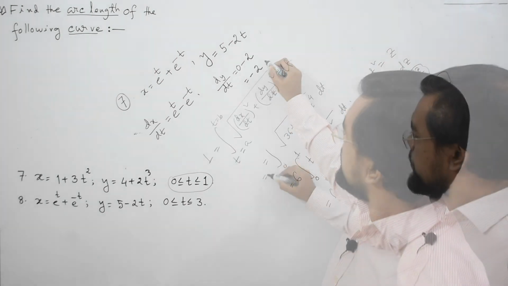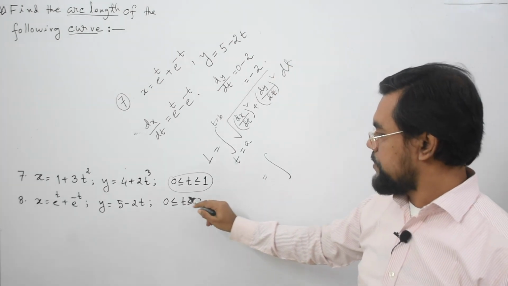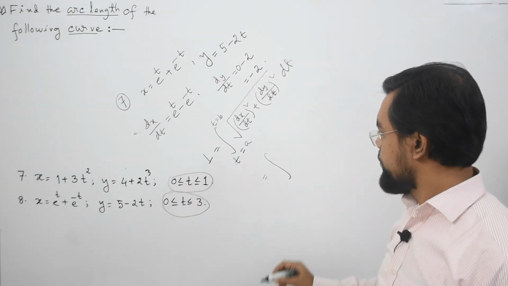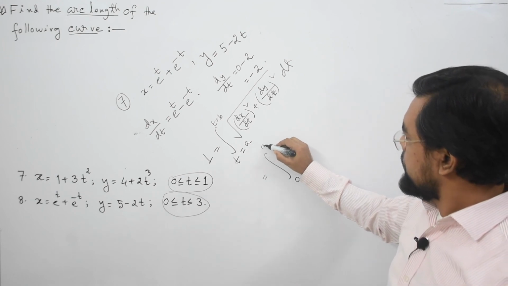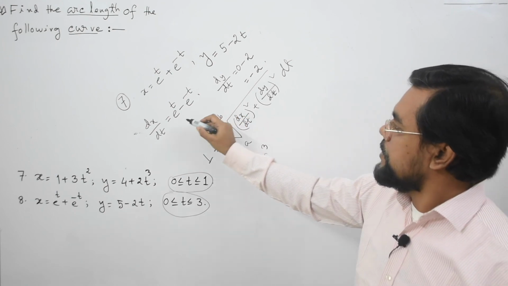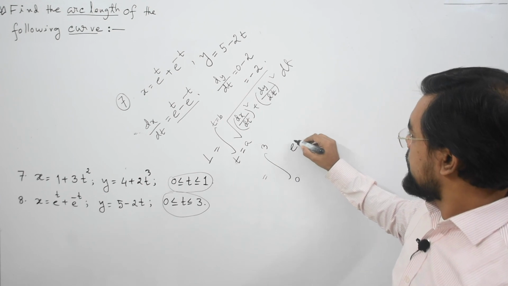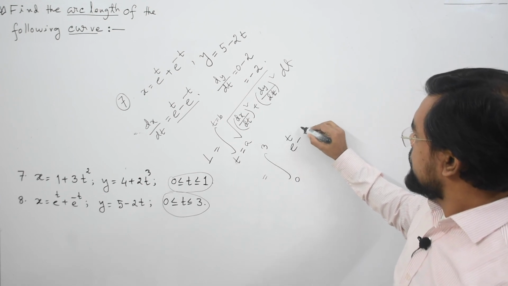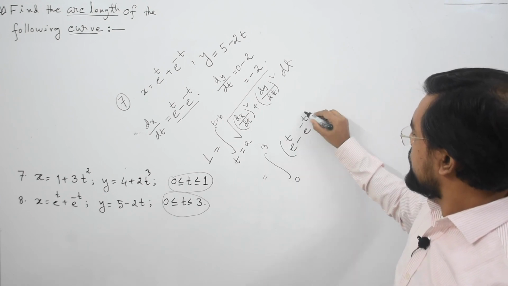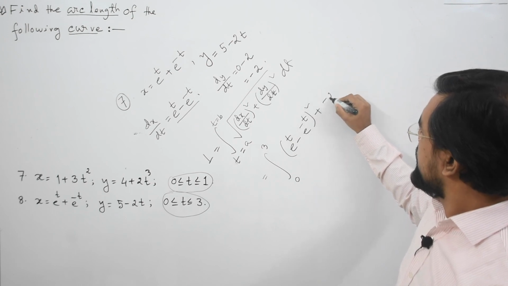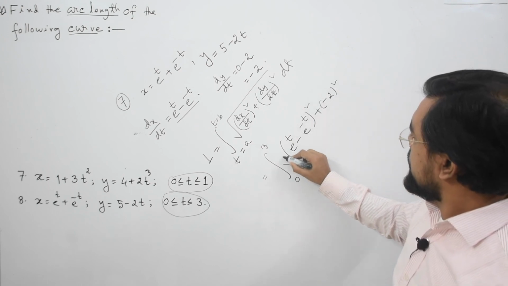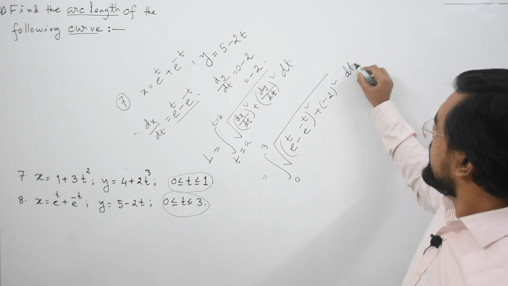So t is from 0 to 3, the integral from 0 to 3 of the square root of (e^t minus e^(-t)) whole square plus (minus 2) whole square, dt.